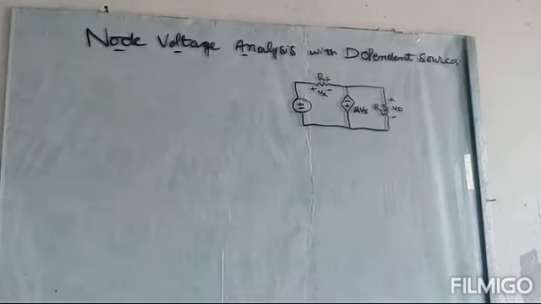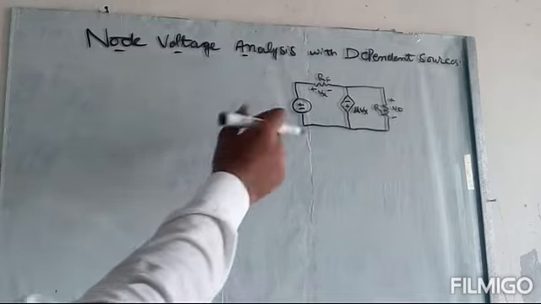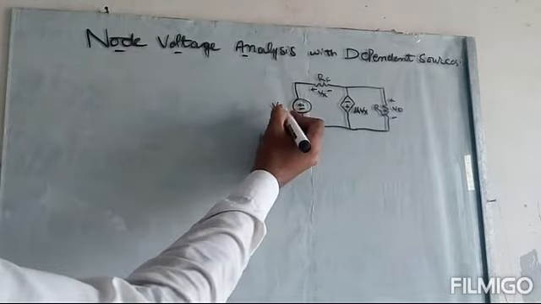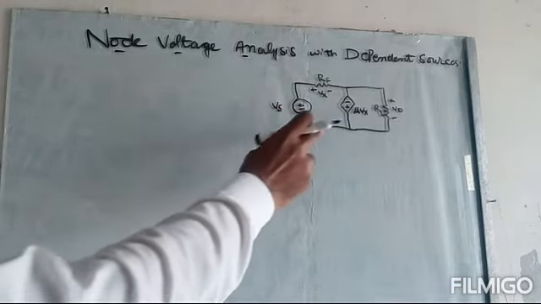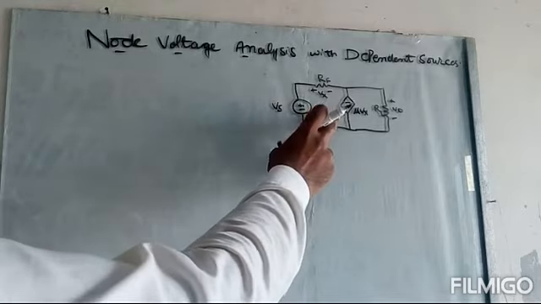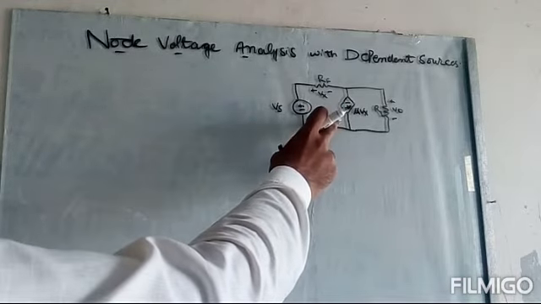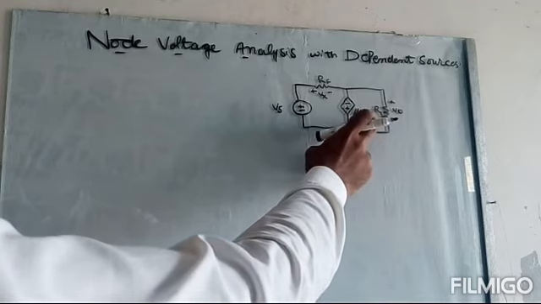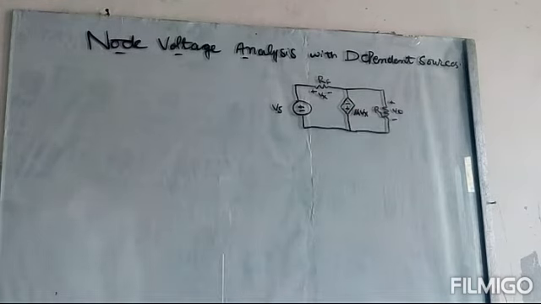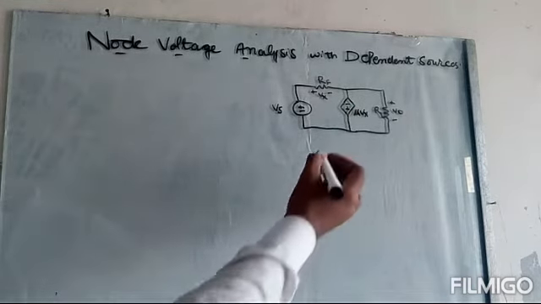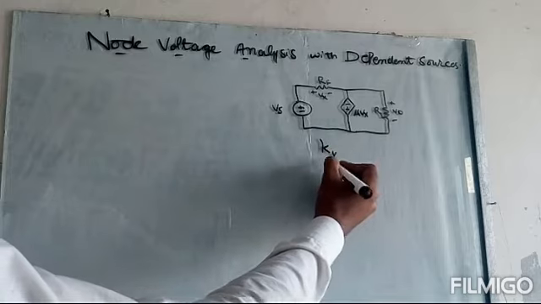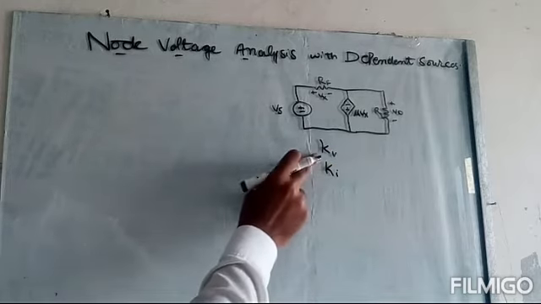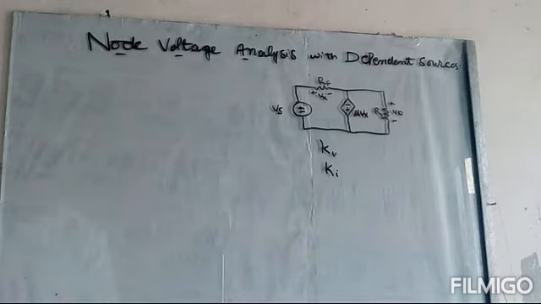So this is another circuit with an independent voltage source Vs, a dependent voltage controlled voltage source, and this is the controlling signal Vx. This is the output resistance RL with voltage V0. We want to find two things, Kv and Ki, our voltage gain and our current gain.